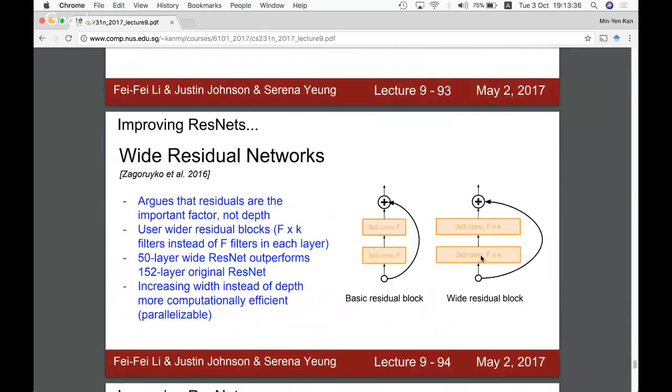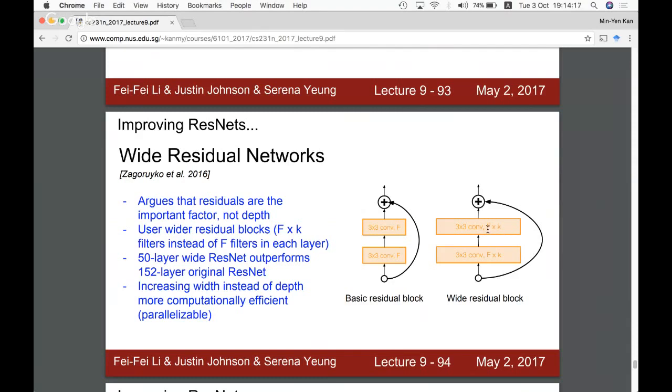Another paper is the one we were talking about initially during the ZF network, about improving the width of each layer. The paper argues that more than the residuals, it is the depth that is important. So instead of having a very deep network, they just change the width of each layer.